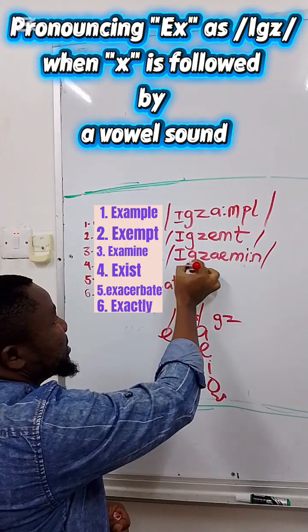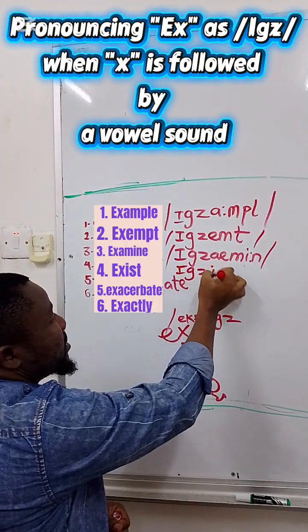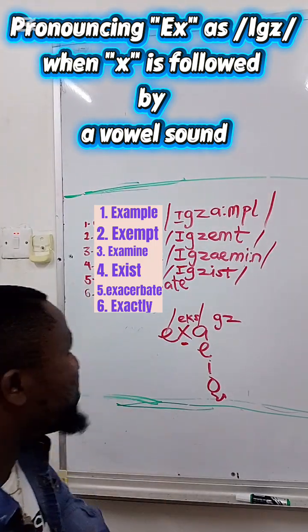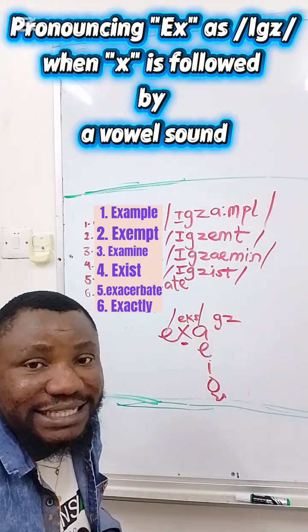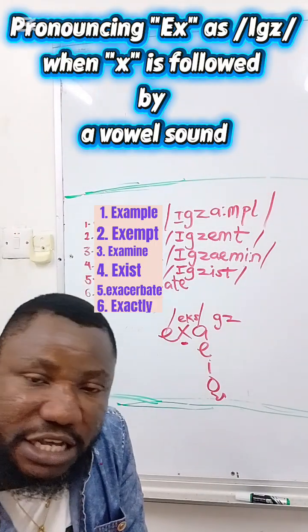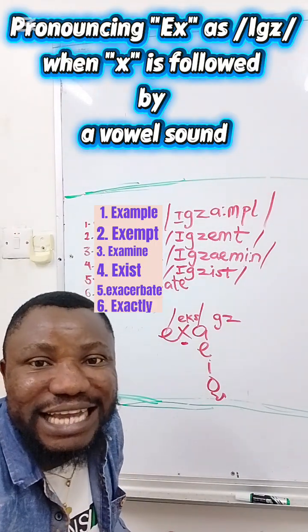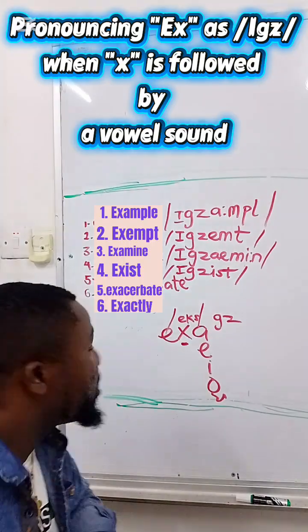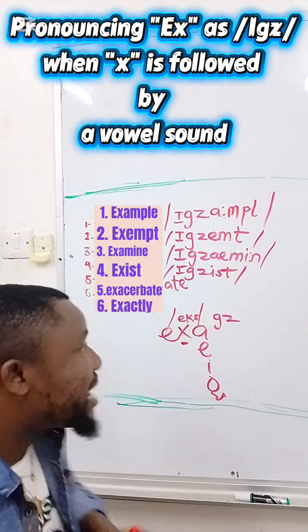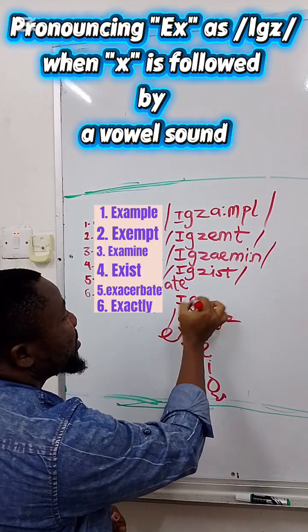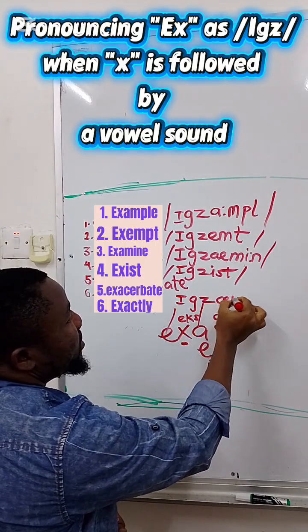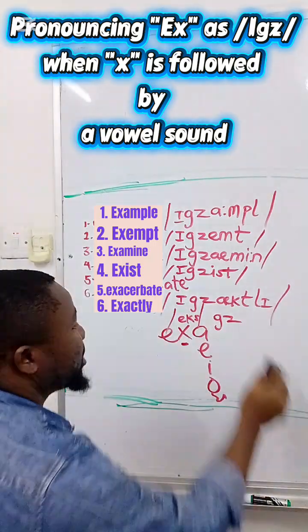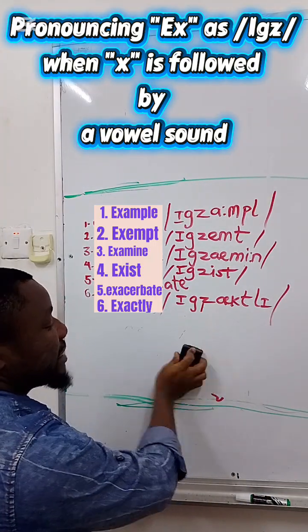Number five, we have exacerbate, not exacerbate. And finally, we have exactly. This word is exactly, not exactly.